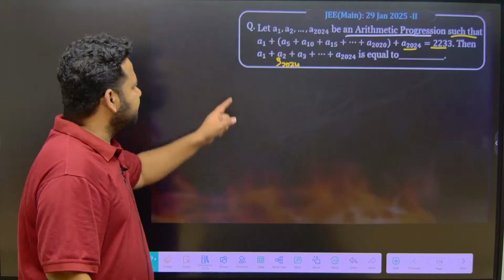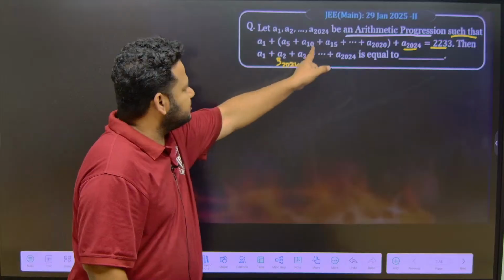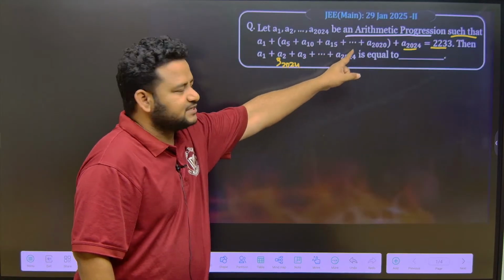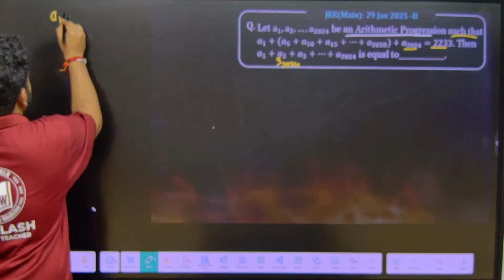So here we have A1 plus A5 plus A10 plus A15 plus A2020, and outside it we have A2024.